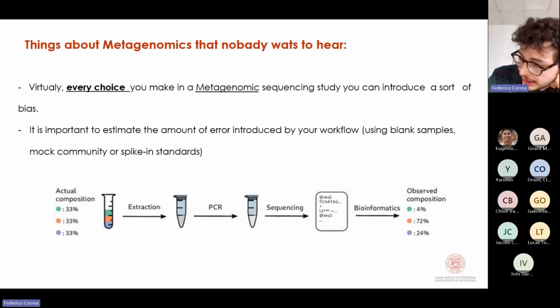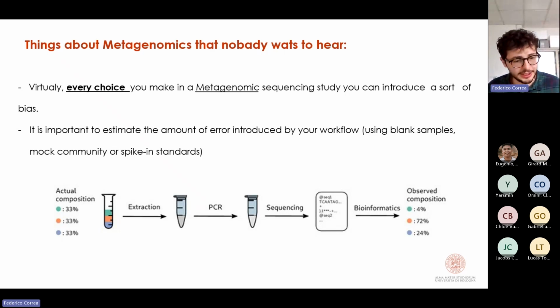So what we need to do here is to estimate the error that we have in our workflow. We can do it in different ways. The simple way is to use blank samples.